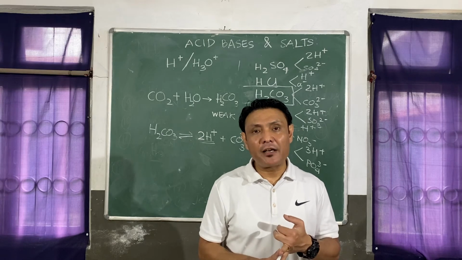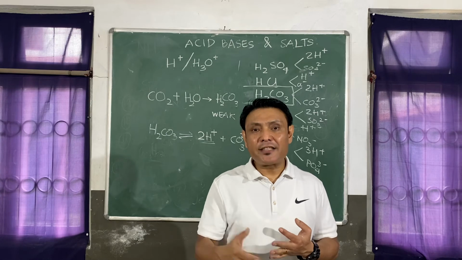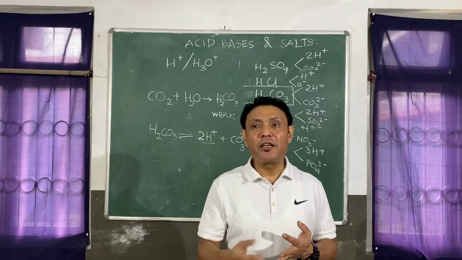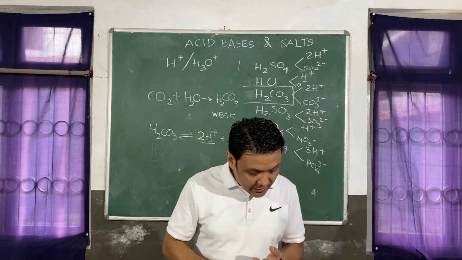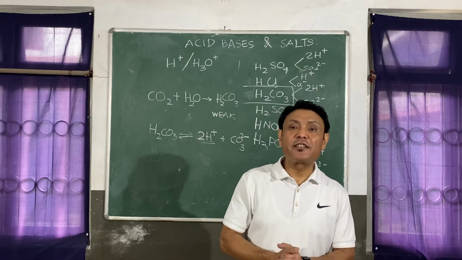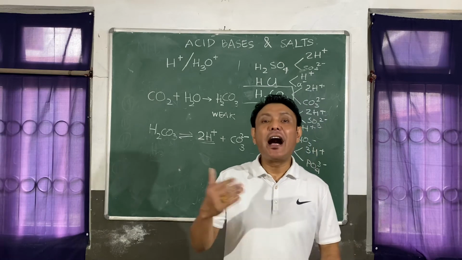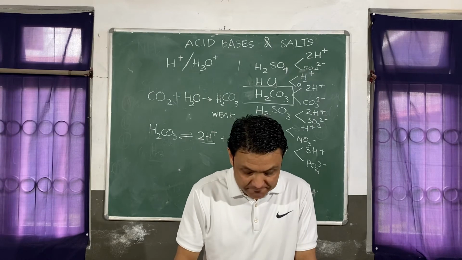A concentrated acid is an acid in which the percentage of acid is more than the water. Whereas strong acids are those which dissociate completely to produce a high concentration of hydrogen ions in their aqueous solution.